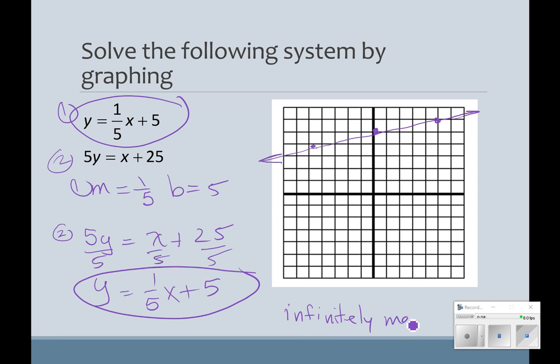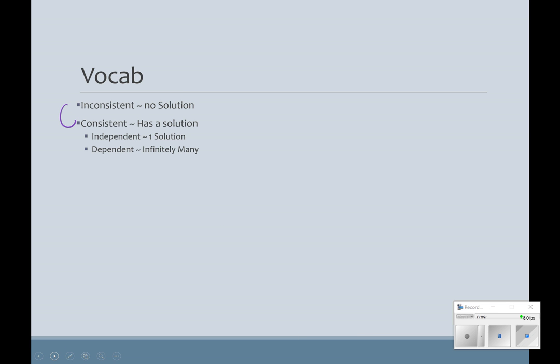We can't say that it's all real numbers because the numbers have to be paired together. So I can't say my solution is, say, (1, 1), because that would be all real numbers, and it's not on that graph. So you need to make sure that your numbers are on your graph. Okay, so we say infinitely many solutions.